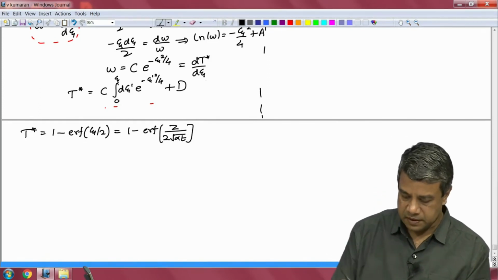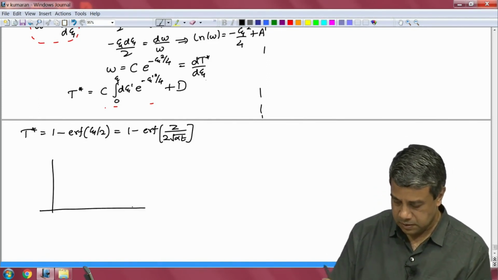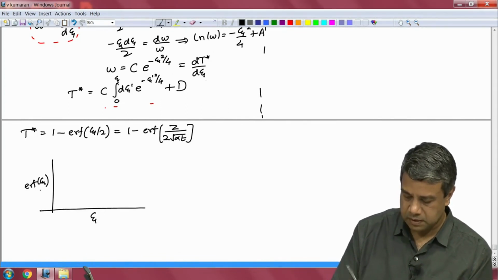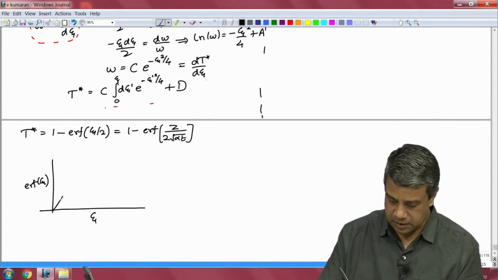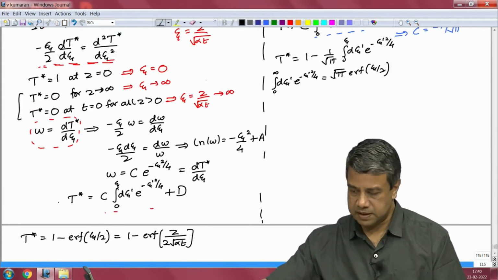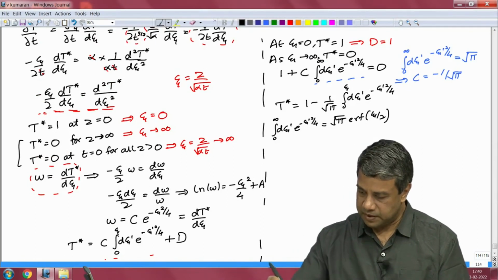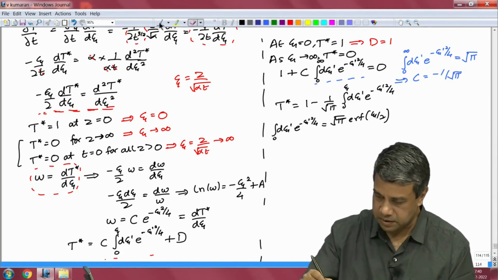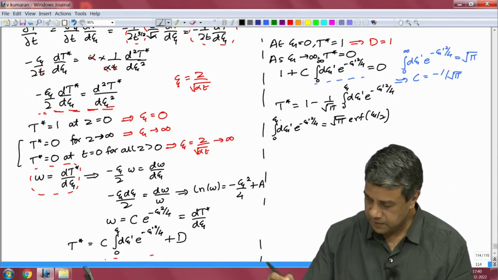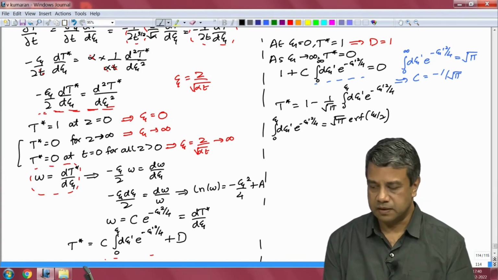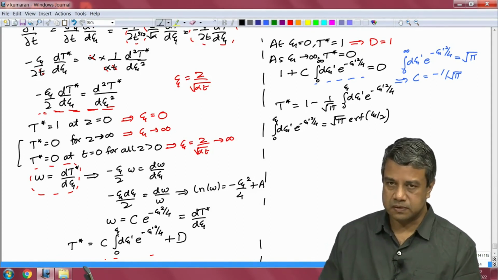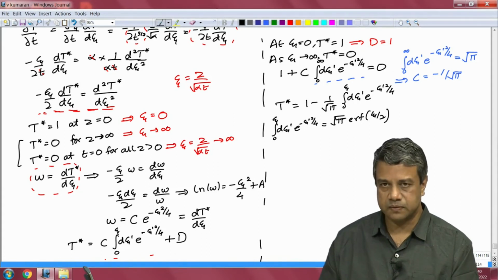This error function is a function. If I plot psi versus error function of psi, it increases; it is 0 at 0. The error function is proportional to the integral from 0 to psi of d psi prime e power minus psi prime square by 4, please note that the upper limit should be psi. Therefore, at psi is equal to 0, this is equal to 0.